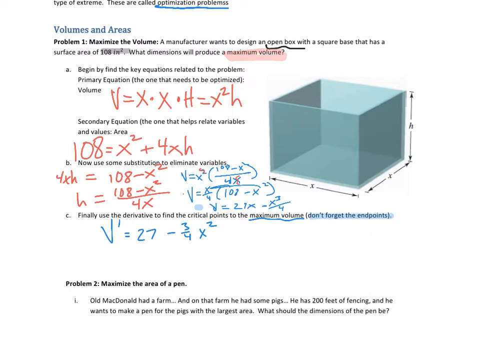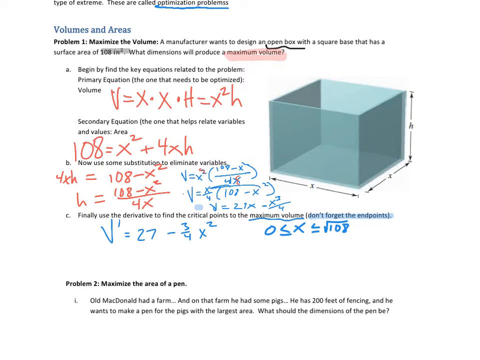That wouldn't even hold anything, of course, but 0 is the smallest it's going to be. And then if this was just a flat rectangle with no height, then it would just be a square, and that square would be 108. So we'd have the square root of 108. And it would just be a flat piece of paper that won't hold anything. All right, so those are our endpoints of this interval.